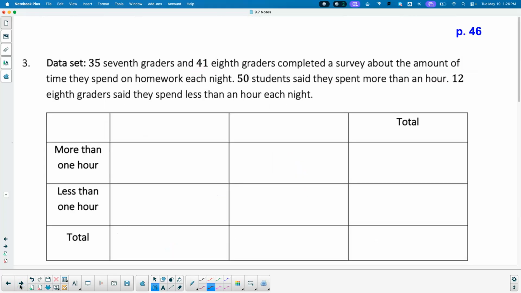Try making me a two-way table based off of the amount of time they spend on homework each night. What's missing right from the jump before we even get to the numbers? The grades. Which left column do we want to go with? 7th grade. Right column. Okay.